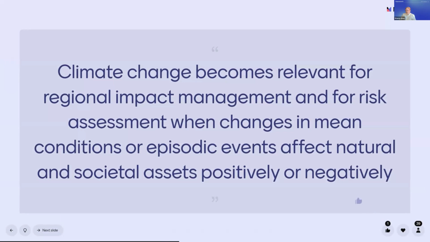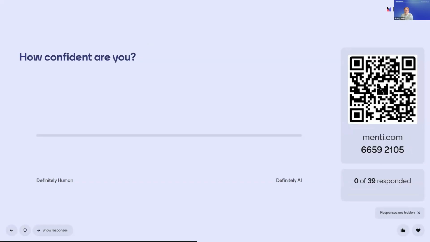So number 2, climate change becomes relevant for regional impact management and for risk assessment when changes in mean conditions or episodic events affect natural and societal assets positively or negatively. So a very long quote there with no commas. How confident are you that that quote is definitely human, not sure, or definitely AI?